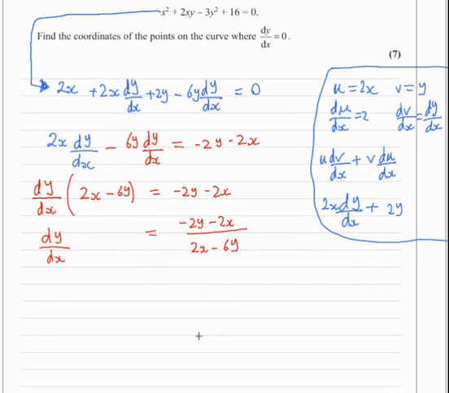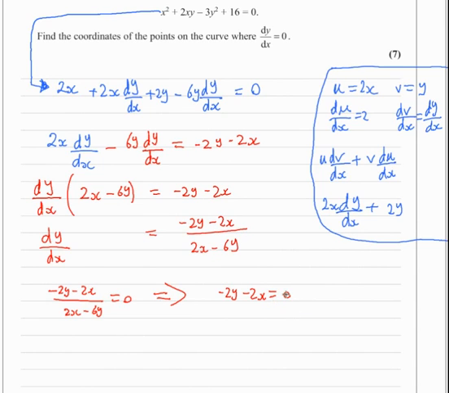Okay, and I specifically want dy dx to be equal to 0. So I say that minus 2y minus 2x over 2x minus 6y is equal to 0, which implies that multiplying both sides by 2x minus 6y, I get minus 2y minus 2x equals 0.